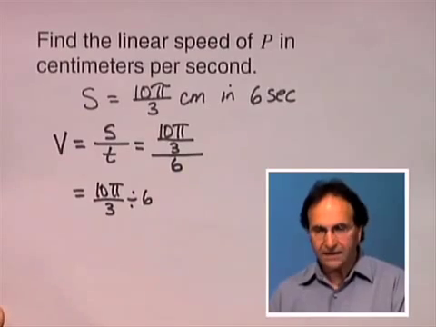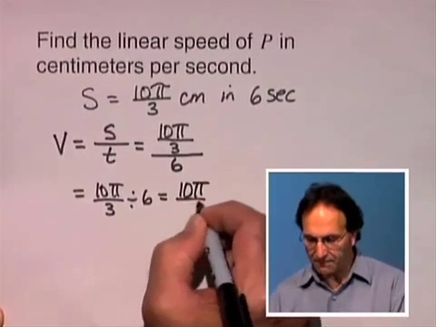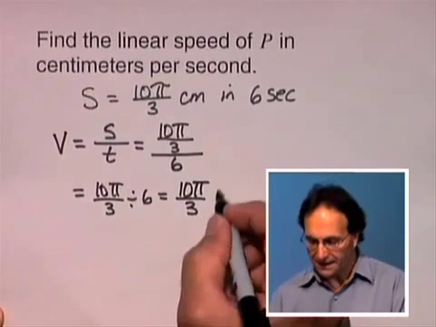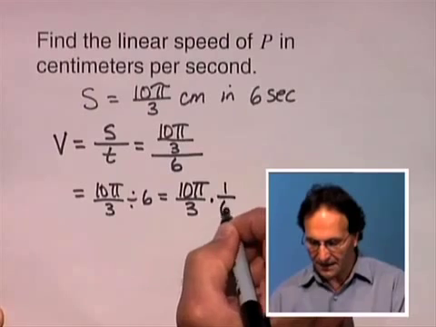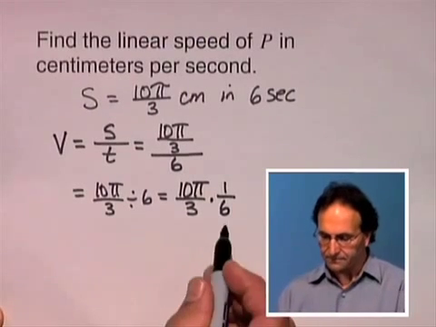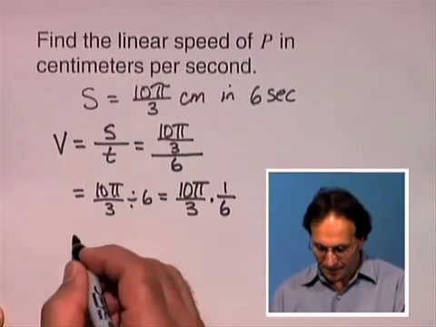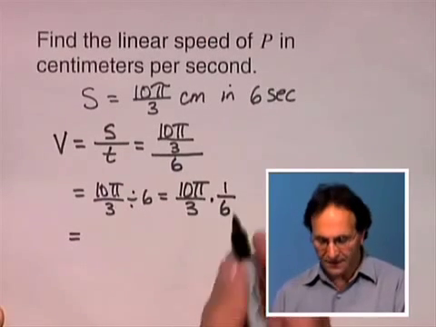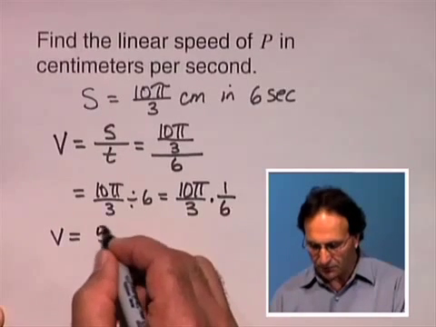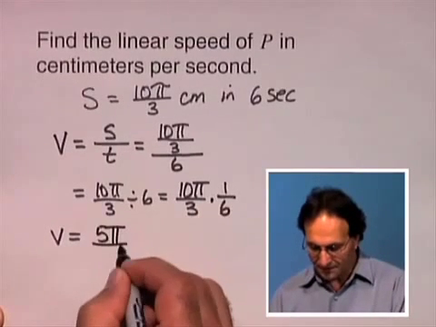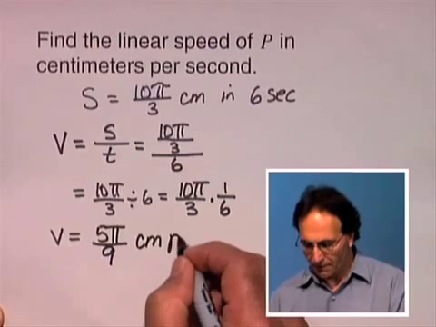When we divide by 6, we can rewrite this as 10 pi over 3 times, change the operation to multiplication, and take the reciprocal of the number 6. Then, simplifying this, we would find that V, the linear speed, is equal to 5 pi divided by 9 centimeters per second.